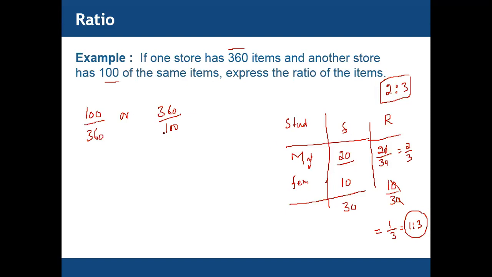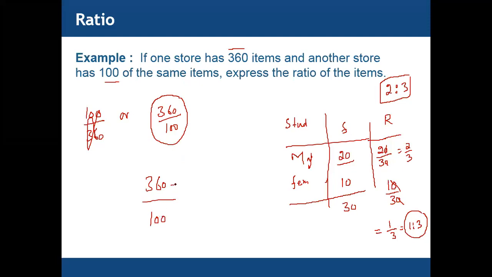So in the store example, if one store has 360 items and another store has 100 of the same item, express the ratio of the items. Let's suppose we write 360 divided by 100. This is a ratio, but this is not in simplest form. So find a common number which can divide 100 and 360.